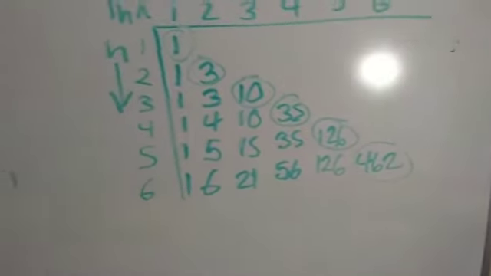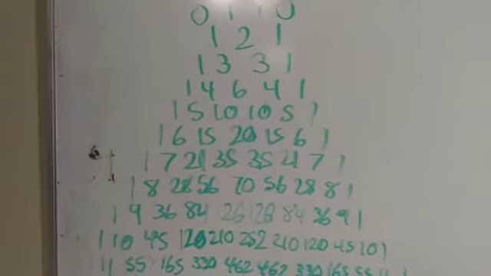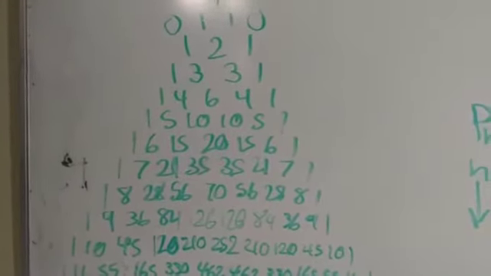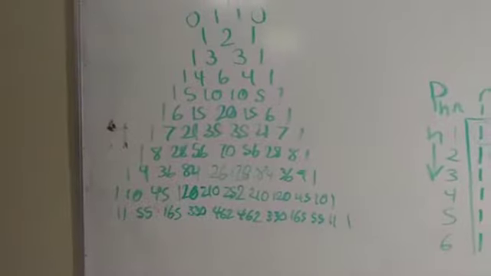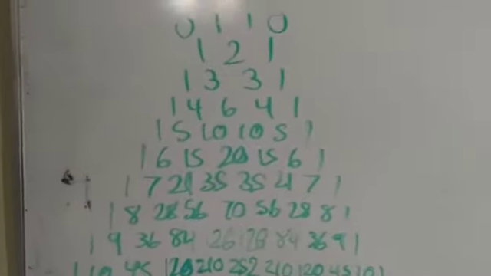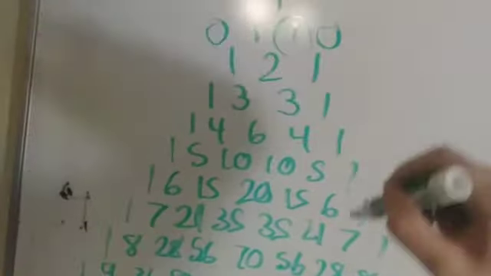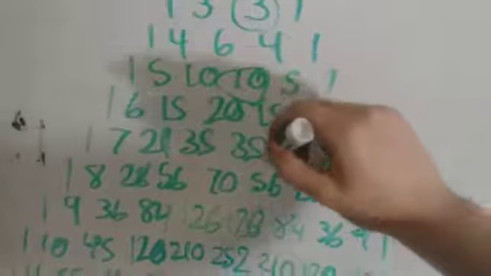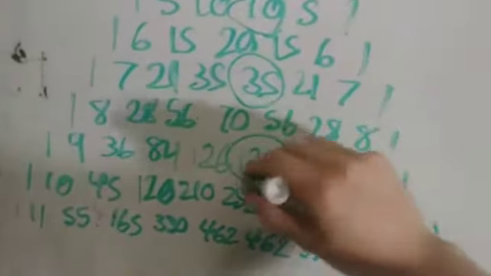And so we come over here, and where is that on here? And clear as day, it's right here. 1, 3, 10, 35, 126, 462.